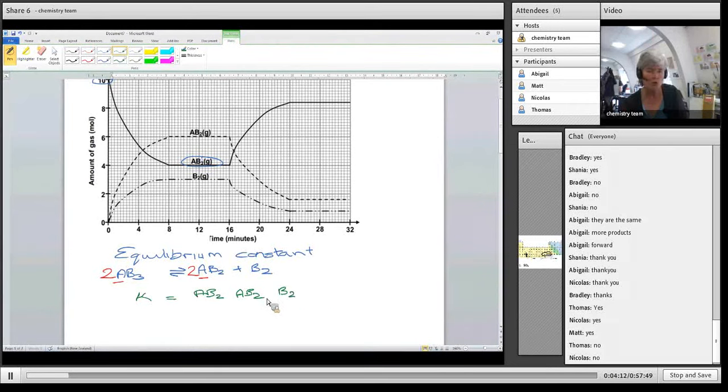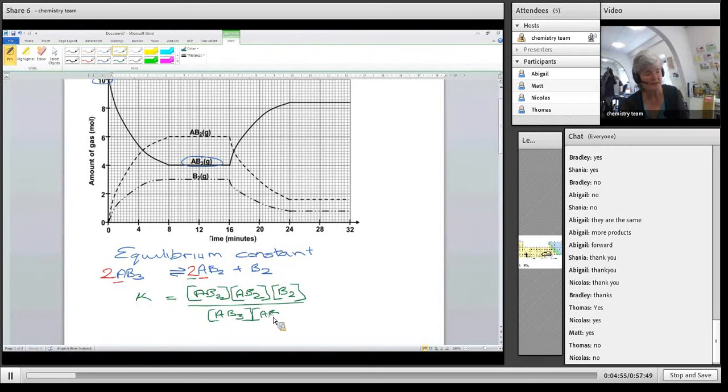Those are all my products, and I have to multiply them together. Now we use square brackets to show concentration. If you see the square brackets, all it means is concentration. So the concentration of AB2 multiplied by the concentration of AB2, because my equation says I have 2 of them, multiplied by the concentration of B2. And that's all over the reactants, which is AB3 times AB3.